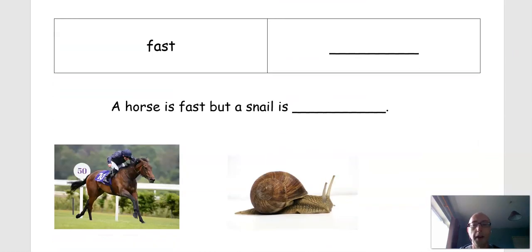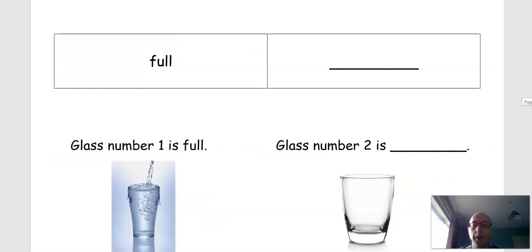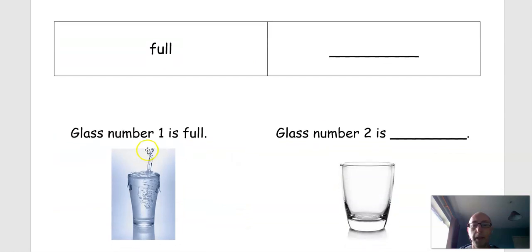Next one. Fast and what's the opposite of fast? So again, we have a horse and a snail. A horse is fast. A snail is slow. Yeah, remember we have the W in slow. Next one. Glass number 1 is full. Glass number 2 is what? What's the opposite of full?